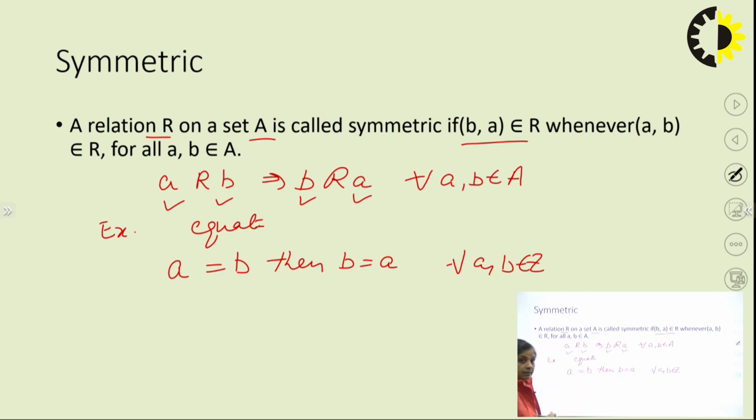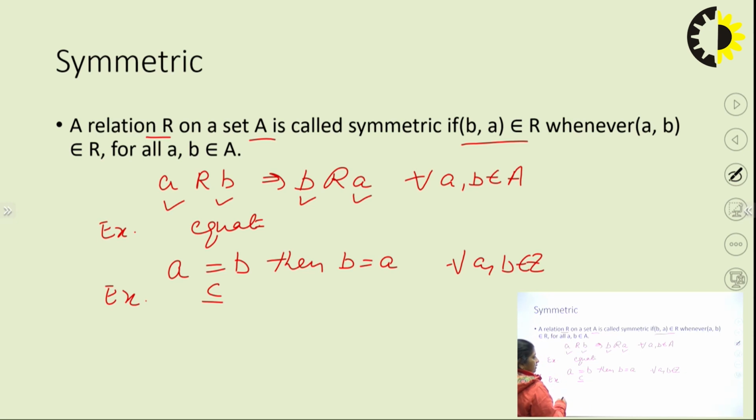Now let us take another example where we can check how a relation can be symmetric or not. Let me take an example in which it will not fulfill the condition. My second example is related to subset. The relation is subset, set inclusion.